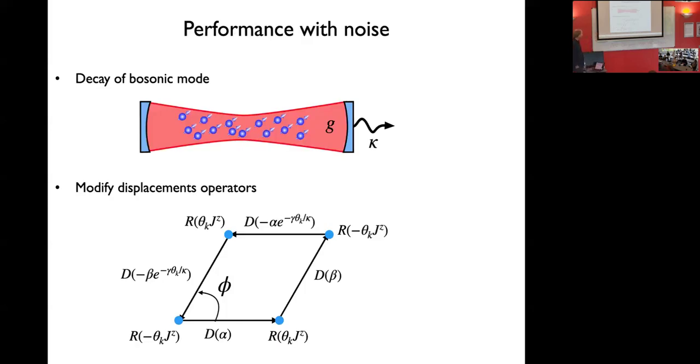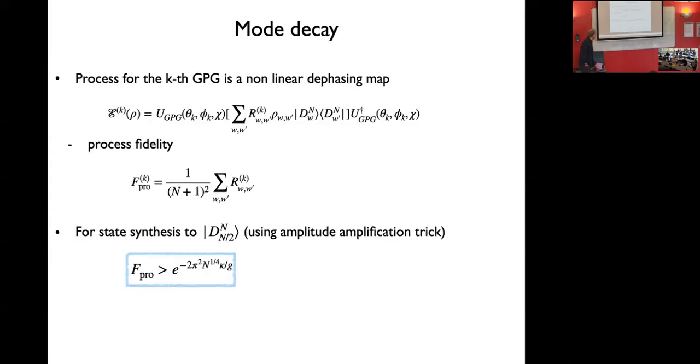Yeah, and then you can look at the performance of this. I should be hurrying up here, but you can look at the performance of these state preparations when you include the noise relevant to the problem, which includes the cavity decay and also dephasing. If you have cavity decay, it turns out that the cost to the process fidelity for preparing a particular Dicke state is not too bad.